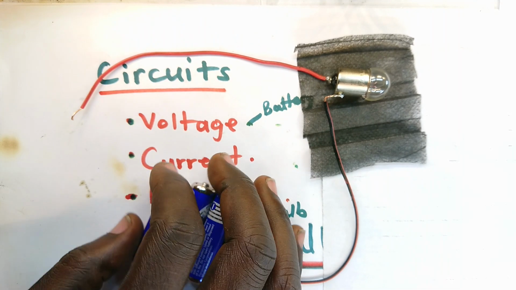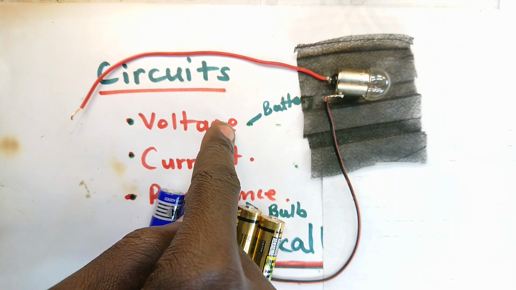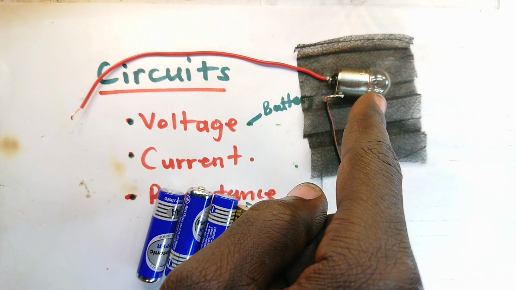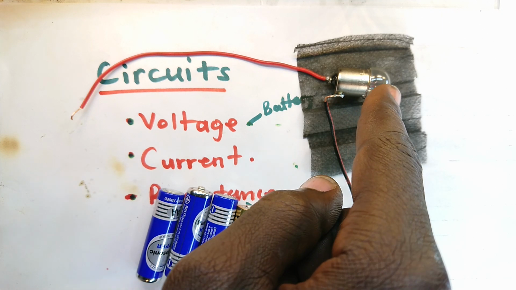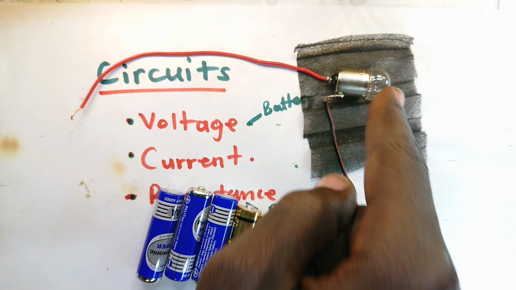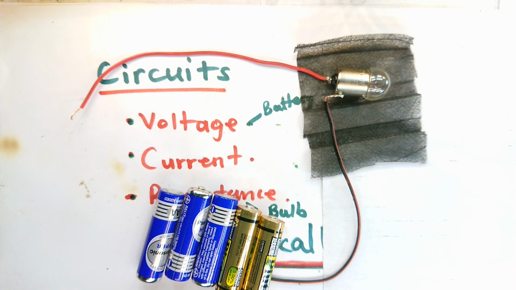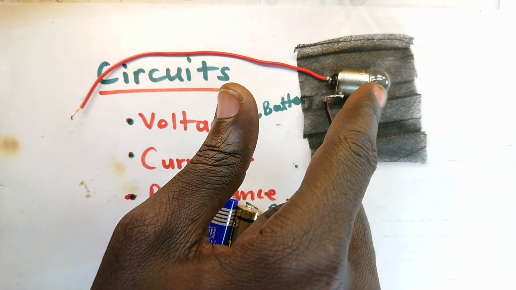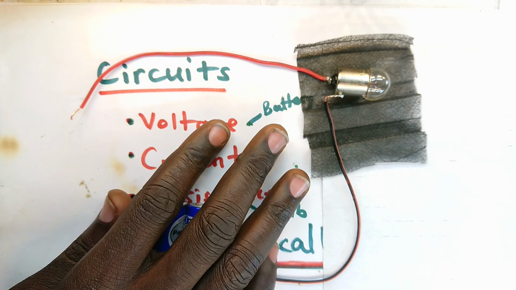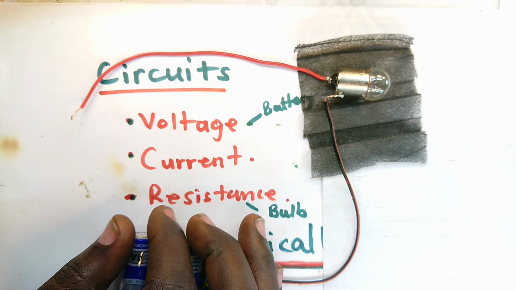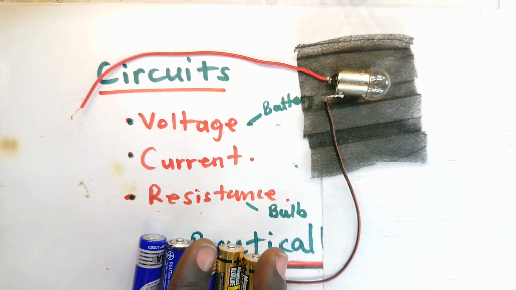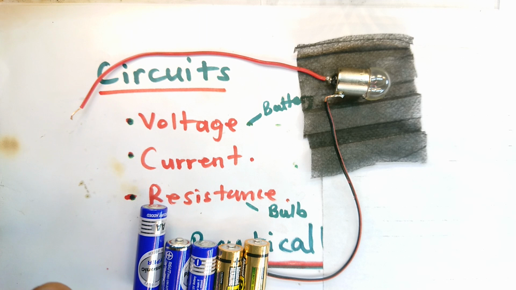Now, we have just shown you that when we increase voltage, the amount of work done in terms of brightness is increased. We also told you that this is simply a resistance wire, and at this point, let me demonstrate also that when we increase the resistance, the amount of brightness in one bulb reduces.